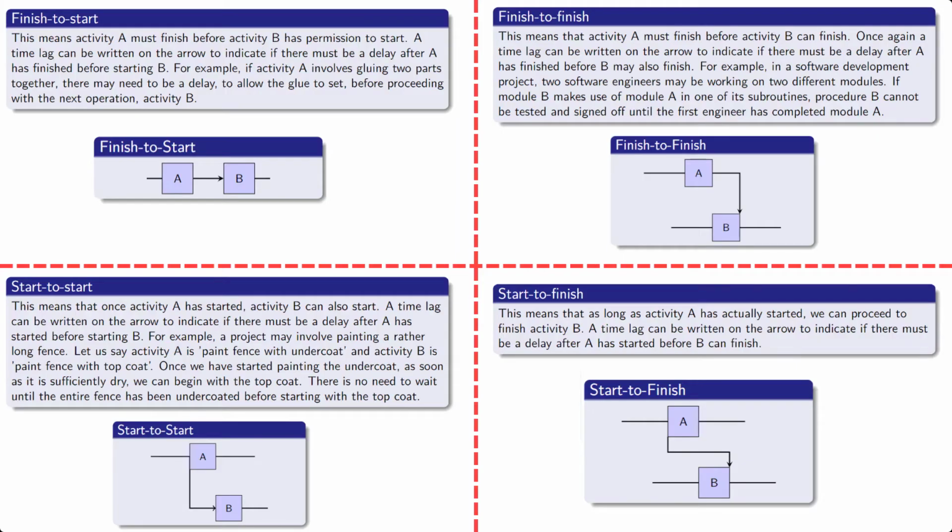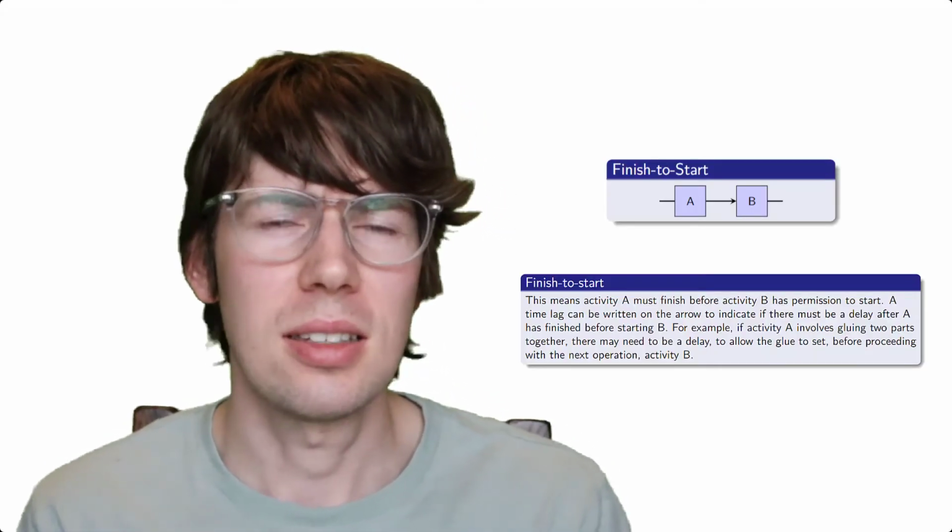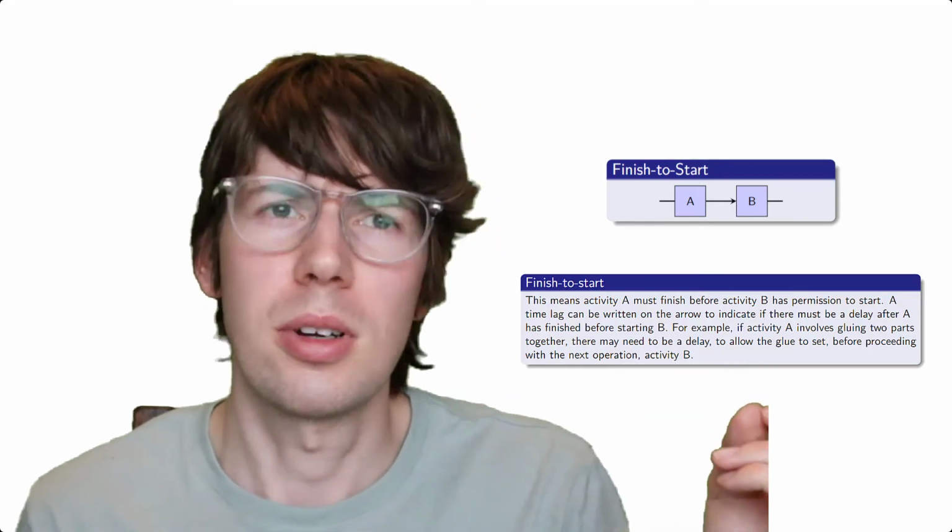However, there are four different types of dependencies, so there are different ways to put them in a sequence. These four are finish to start, start to start, finish to finish, and start to finish. Unless stated otherwise, you are pretty much always dealing with the finish to start type of relationship, which means that activity A needs to finish before activity B can start.